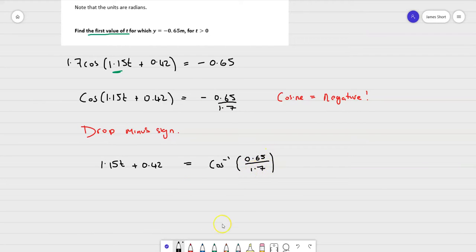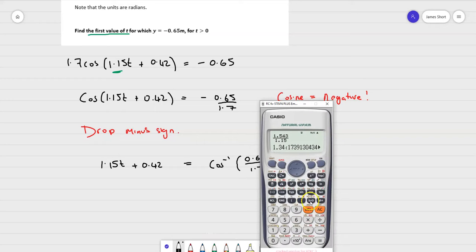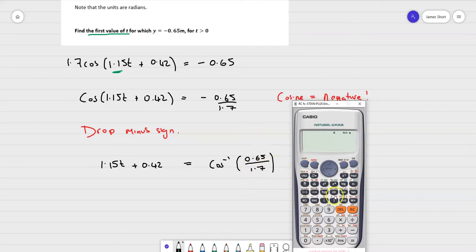Alright, we can go into our calculator and do this. We're going to make sure it's in radians mode. So we're going to shift mode setup and press number 4 to make sure it's in radians mode, and we've got the R in the corner there. Then we're going to have the inverse cosine: shift cos, the fraction button, 0.65 divided by 1.7.